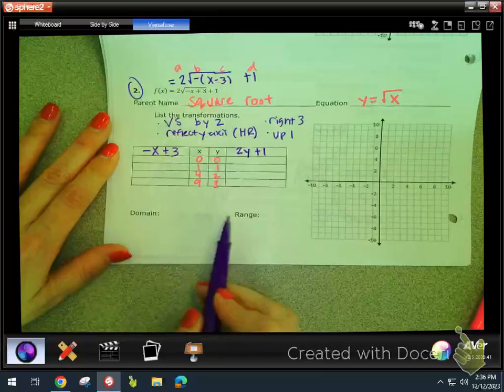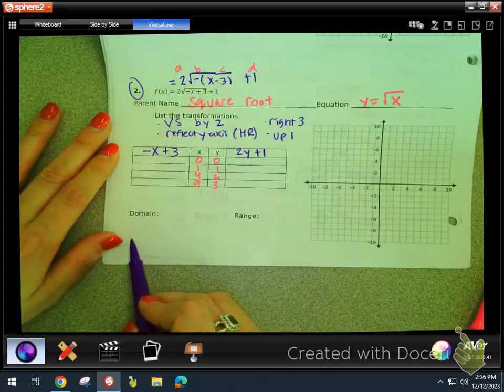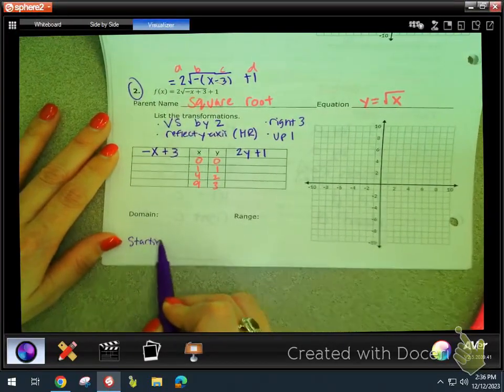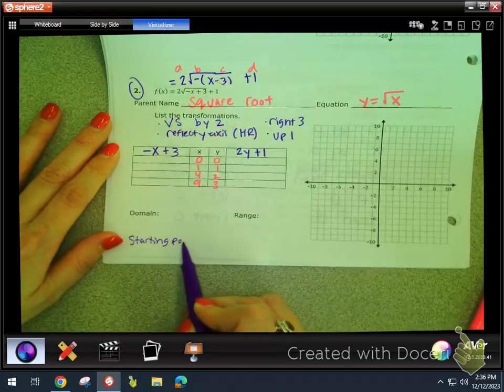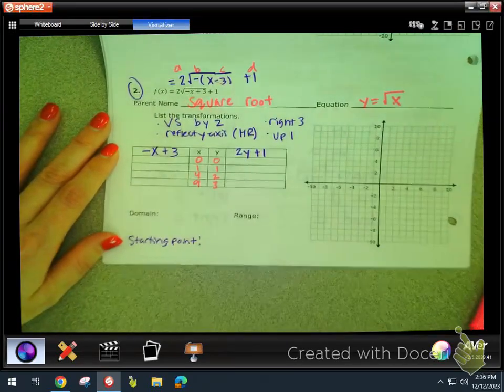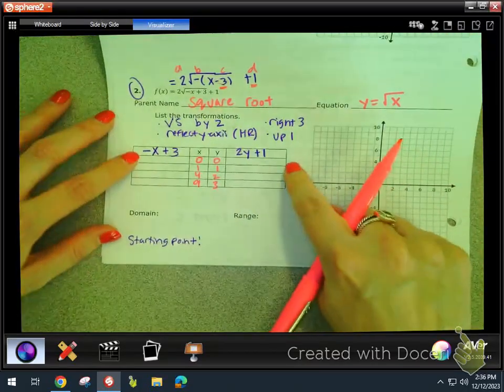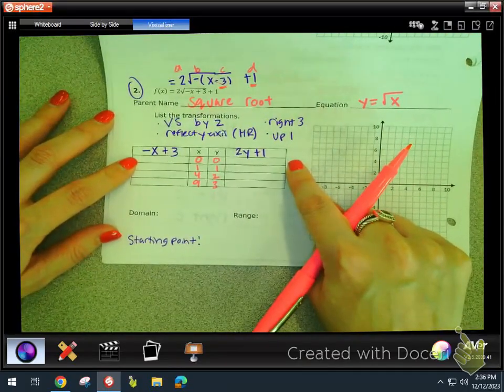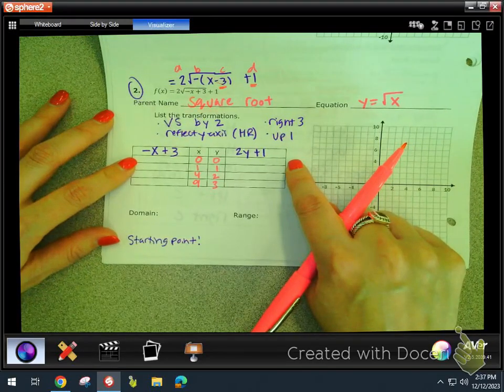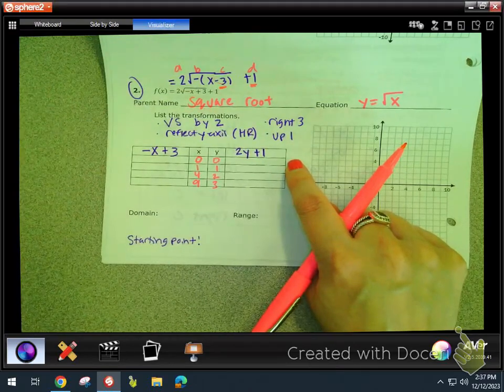Now this asks for the domain and range, but I'm also going to talk about this starting point here. Your starting point can be found by your C and D value. It should match what this 0, 0 point is going to change to, but it's kind of like the vertex of a parabola. We flip the x, keep the y.